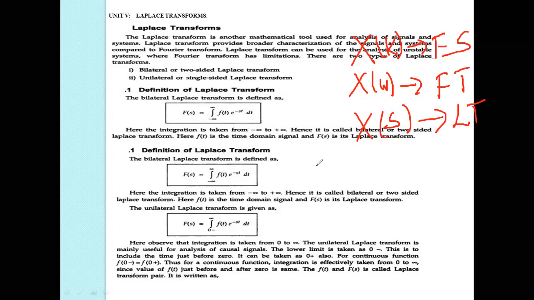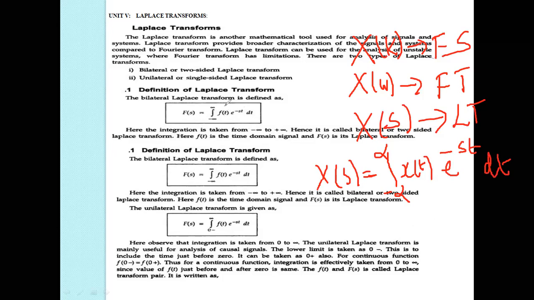So the definition says that x of s is equal to the integral, since it is bilateral, from minus infinite to infinite, of the time domain signal x of t, e power minus s t dt.